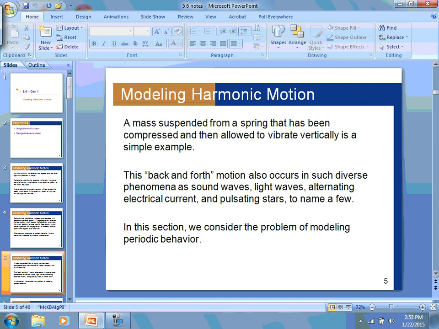You can see this harmonic motion when you're dealing with springs, and with sound and light waves, and electronic current as well. So there's lots of real-world situations that use this periodic harmonic motion to model their behavior.